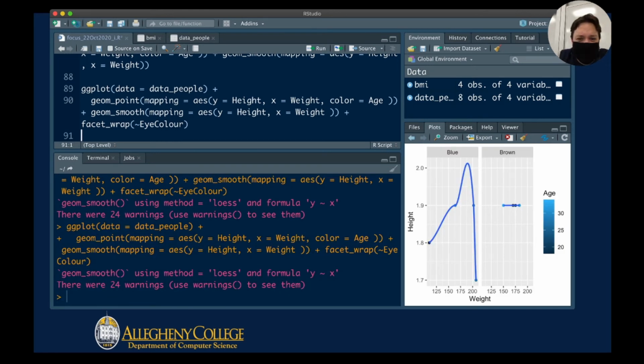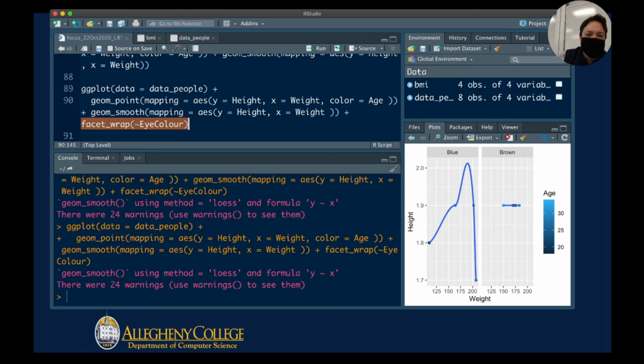What this is saying is that my first plot is where I'm looking at, where does it say here? Here we are, facet wrap by eye color. So we're aggregating our data according to eye color.